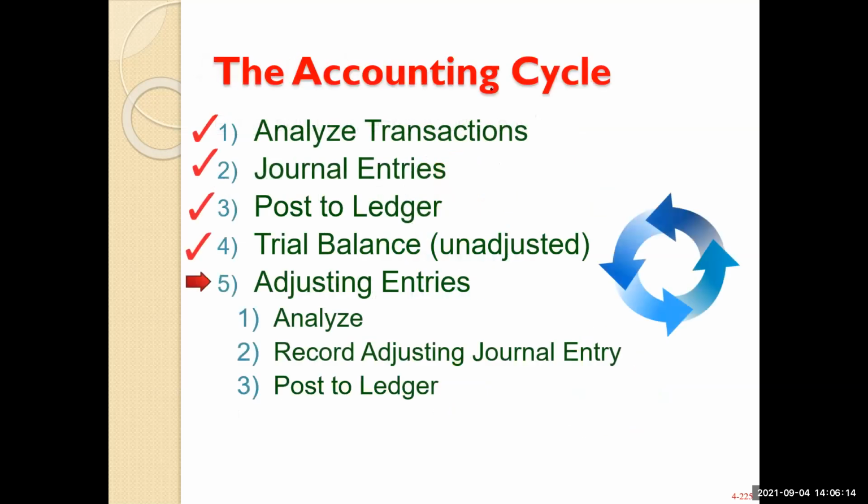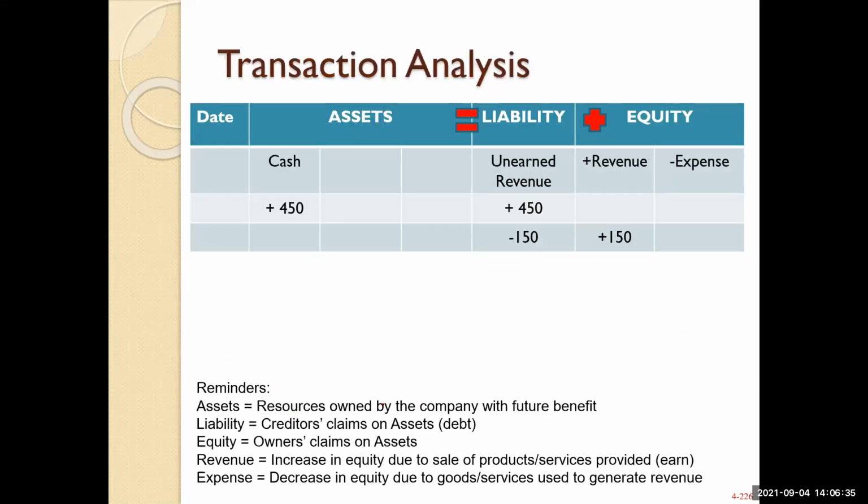Okay, and again, when we do our adjusting entries, we've got to go back through the regular 3 steps that we do, which is analyze the transaction, record the adjusting entry, and then post to the ledger. So at this point, you see that we are going to record a decrease to the liability account.